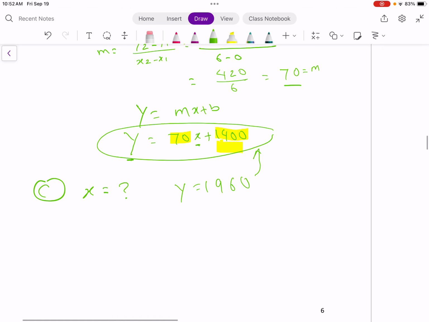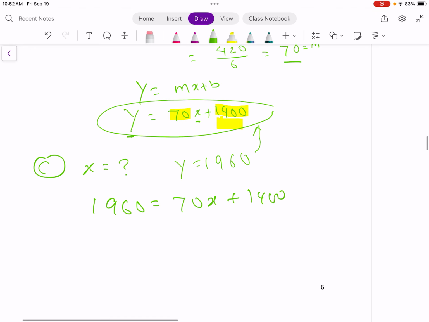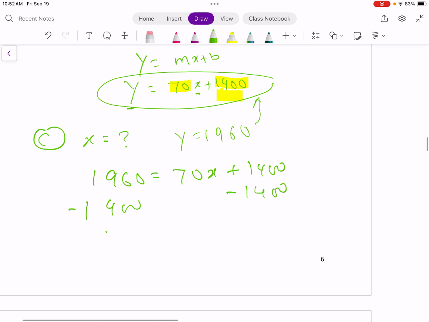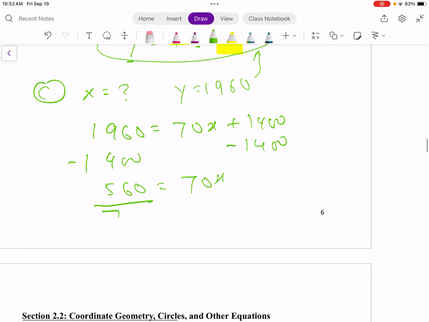Now use this equation. You replace your y by 1960 and you find x. Okay. You subtract 1400. That is 560 divided by 70x divided by 70. 8 equals x. So x is 8.